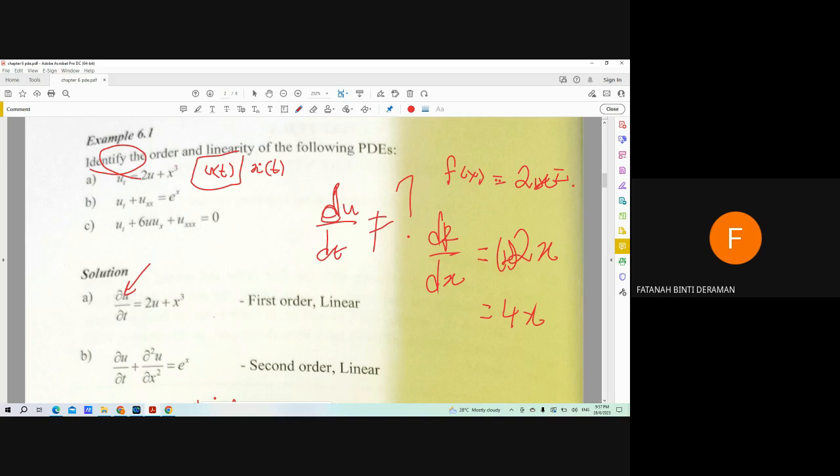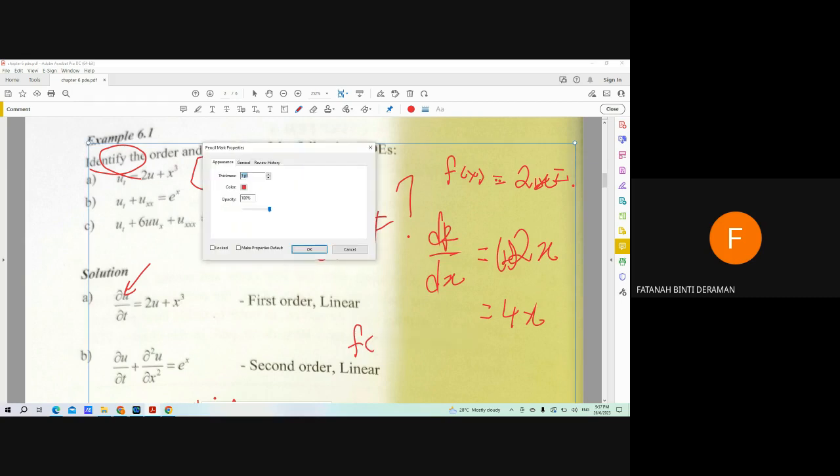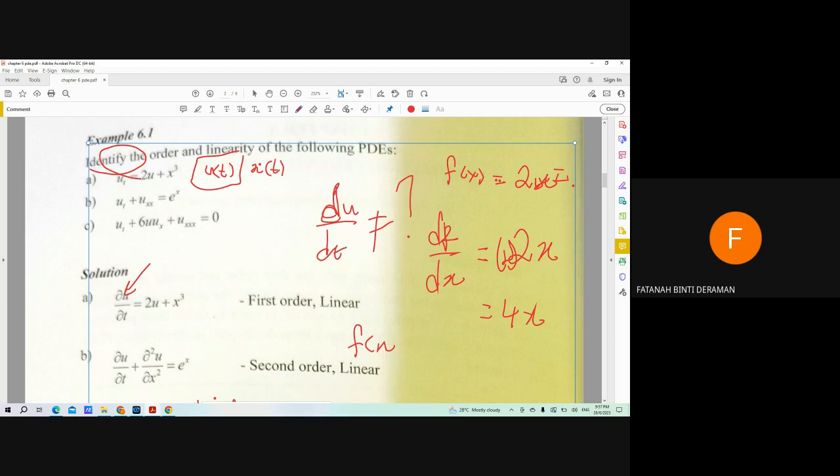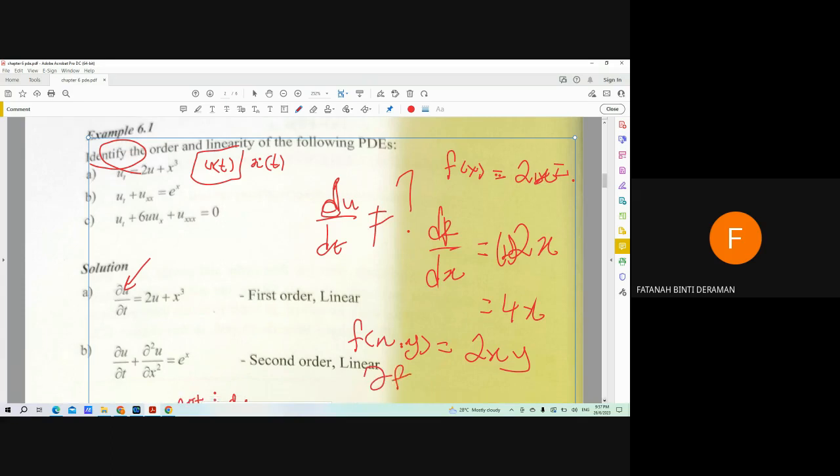But if inside of f we have a variable of x and we have a variable of y, for example 2xy, here you need to apply the partial derivative df.